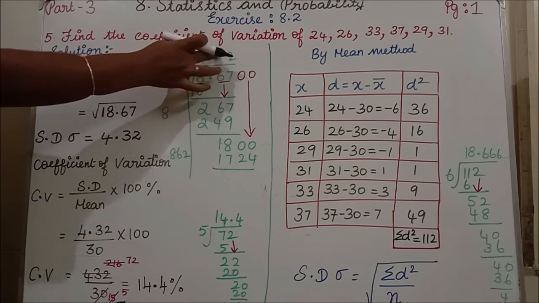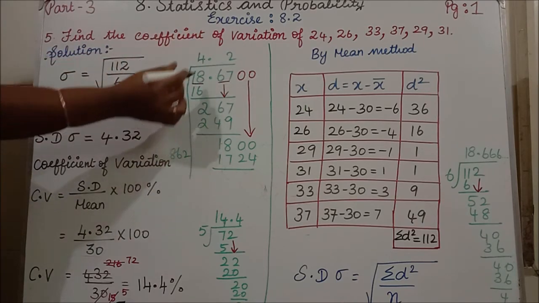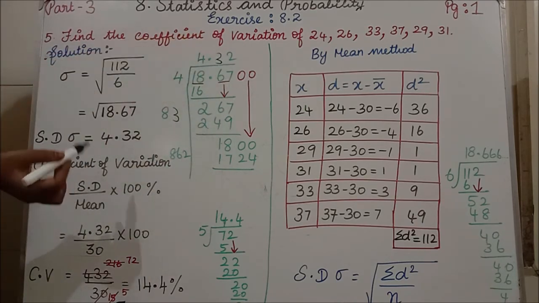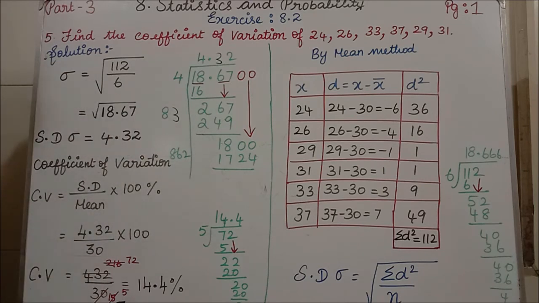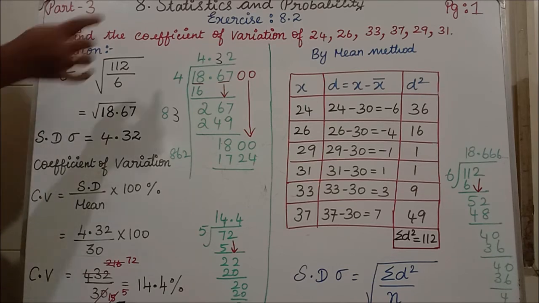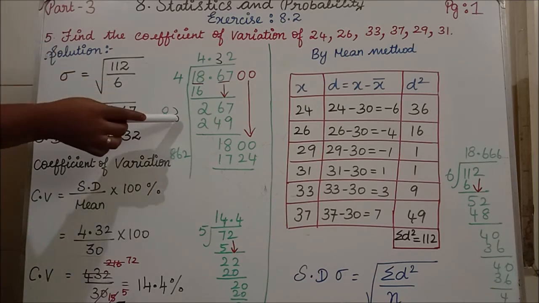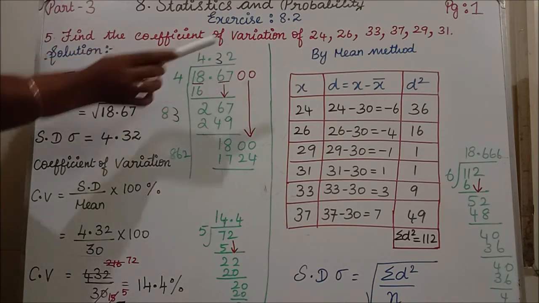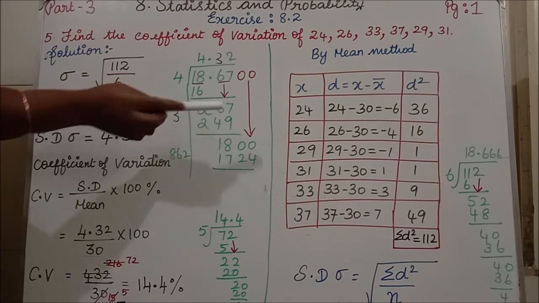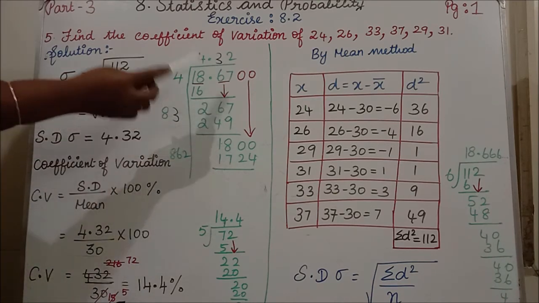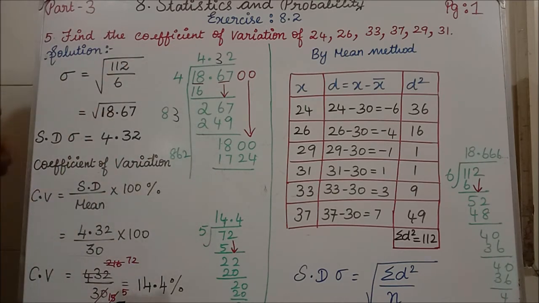If you substitute 3 here and 3 here, only then will we get near to this number. 3 3s are 9, 8 3s are 24. If you write 4 4, it will exceed beyond 267. So now I have written 83. Here also 4.3 we have got. If you subtract this, we get 18. So after the decimal we need two numbers.